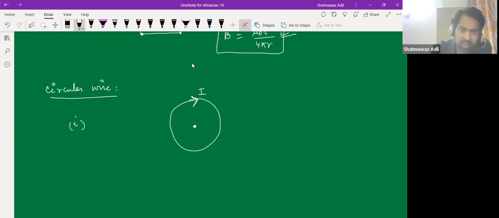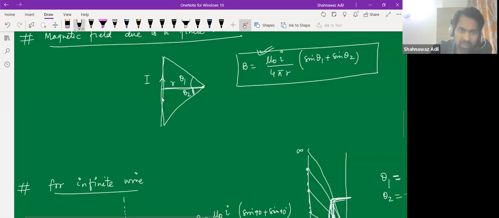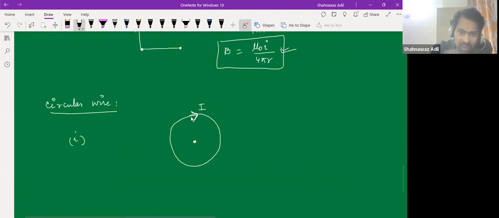Remember, for the long straight wire, we placed our thumb in the current direction. But for the circular wire, we place our curled fingers in the current direction. So then this would be inverse. So the magnetic field due to this one is mu naught I by 2r. That is the magnetic field, right?